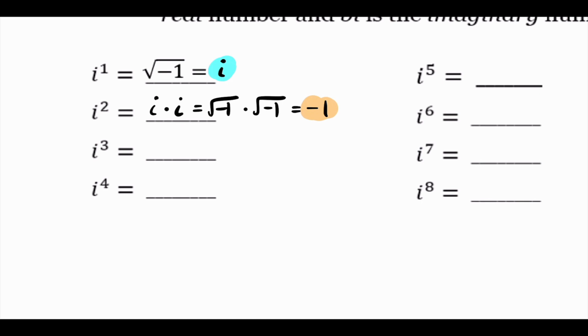I'm trying. i to the third. Isn't i to the third i squared times i? I already know the answer to i squared. The answer to i squared is the orange, so negative 1.